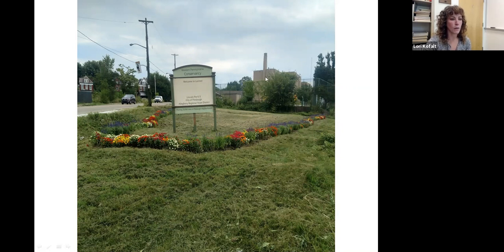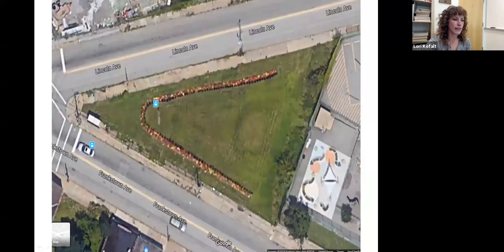The school is adjacent to the property. The students would come and help us plant as well as clean up the bed. But we were having some issues with the site, which had old foundations underneath. The ground was heaving and settling. And this is just another illustration of how it looked prior to the retrofit of the rain garden.